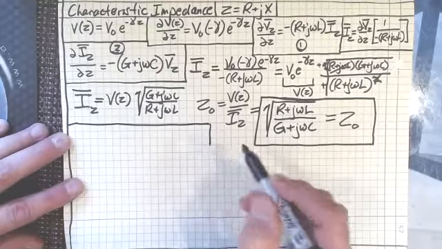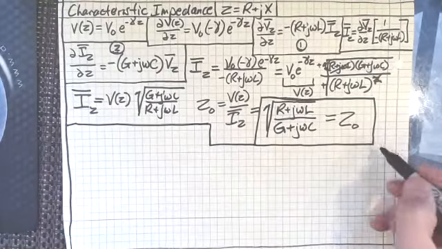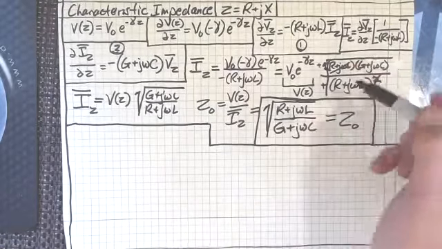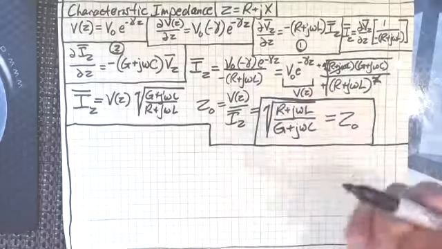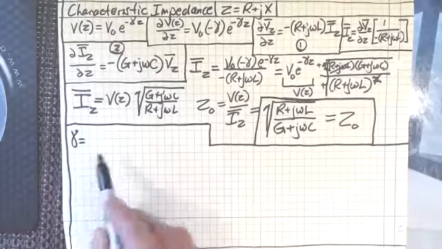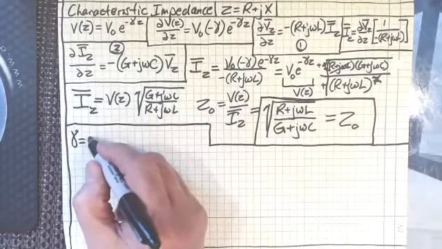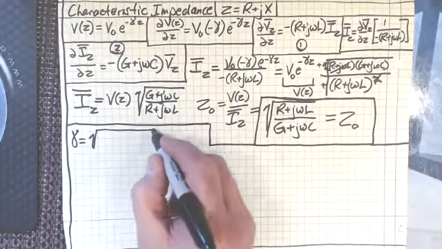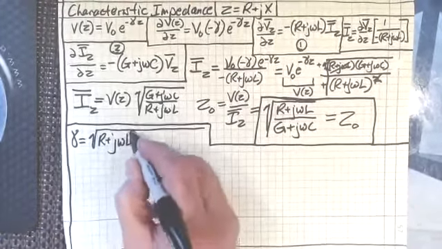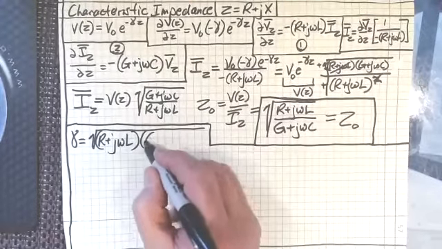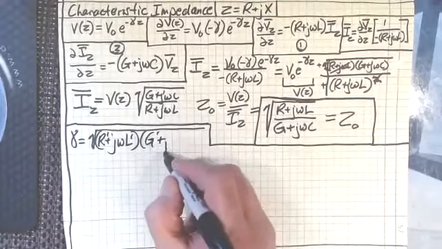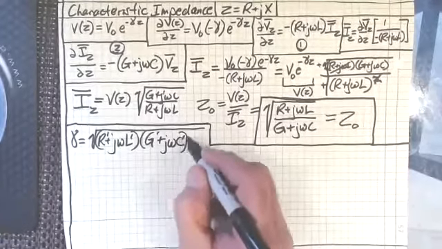That's my characteristic impedance. And we also have up here my propagation constant. And my propagation constant is the square root of R plus J omega L times G plus J omega C, right?